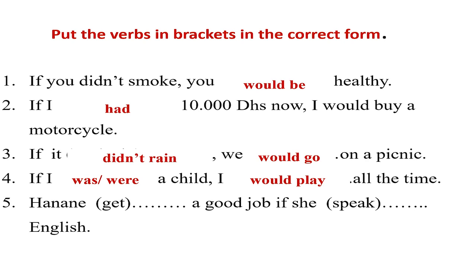Very good. 5, Hanan. Yes, Hanan would get a good job if she spoke English. Here we start with the main clause, right? Okay. So Hanan would get a good job if she spoke English. Very good.